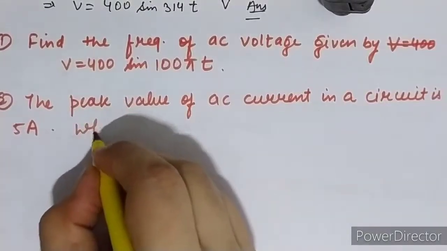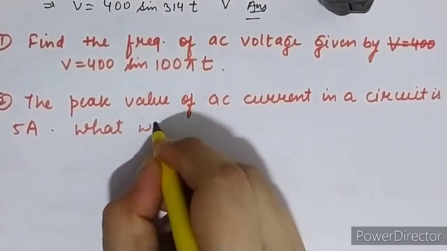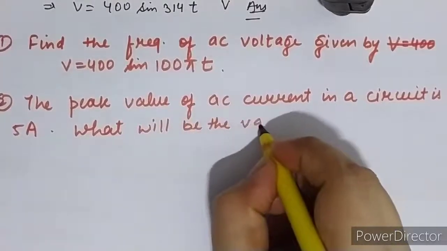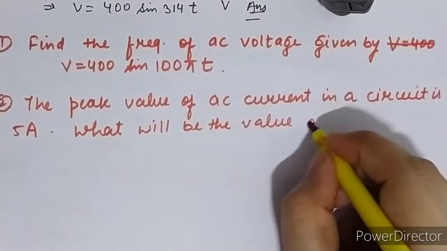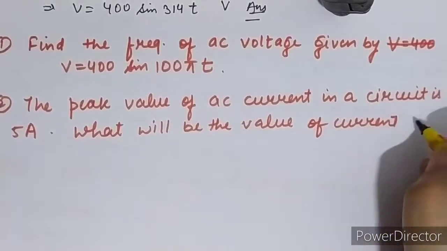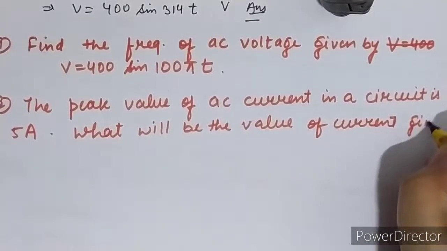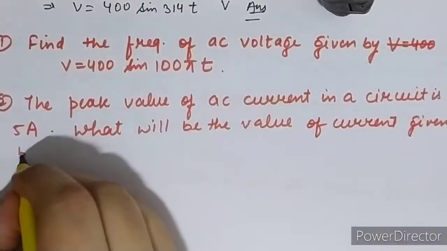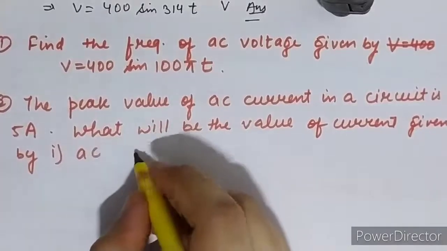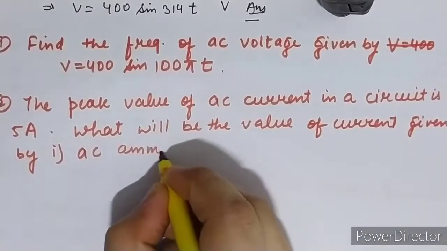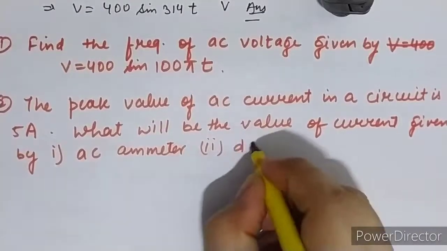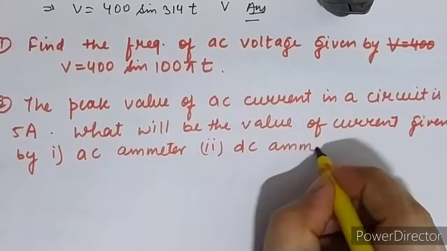What will be the value of current given by first an AC ammeter, second a DC ammeter?